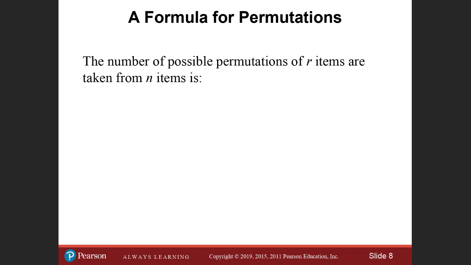Okay, the formula that we mentioned a while ago is nPr. It says the number of possible permutations of r items taken from the n items. So n is the total.